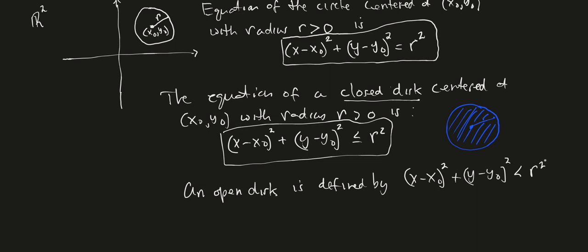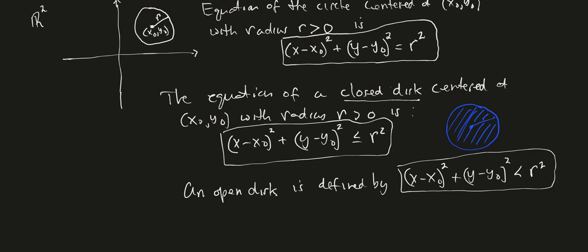Right? And the reason why the r is squared here is, notice I'm not writing the square root sign. So essentially we're getting rid of the square root and using this as the standard equation. So this is an equation for the open disk that is centered at x0, y0 with radius r.